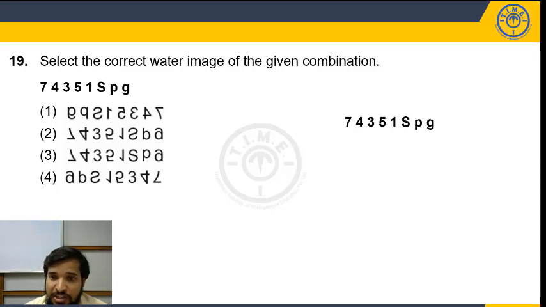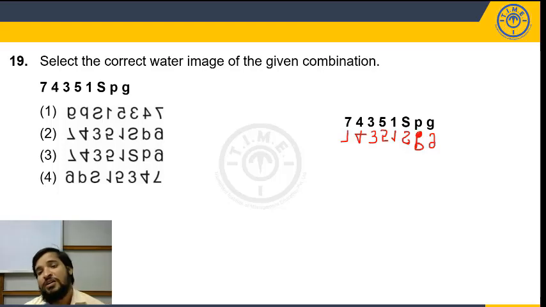So the water image for 7 is 7, and the 4 water image, and 3 will be somewhat similar, and the 5 water image, and the S water image will be the P water image, and the P water image will be this, and the G's water image.